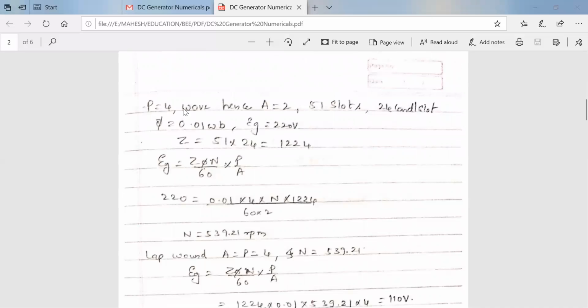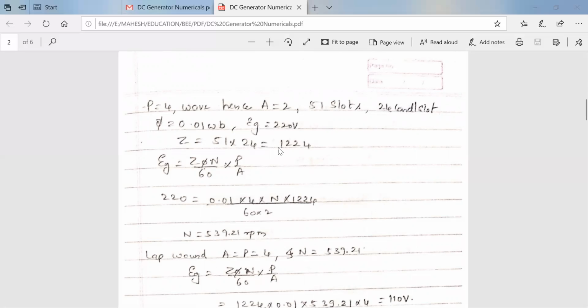So given values: the number of poles is 4 and it is wave connected, hence A equals 2, and slots is given 51 slots and each slot will contain 24 conductors. Therefore, the total number of conductors equals 51 into 24, so that is 1224 conductors, and he has given the flux value 0.01 Weber and EMF is given 220 volts.